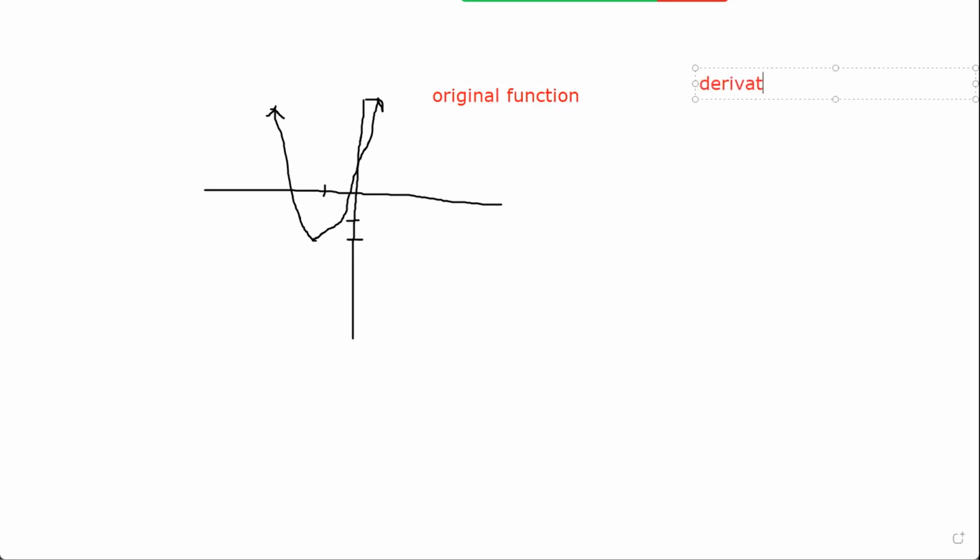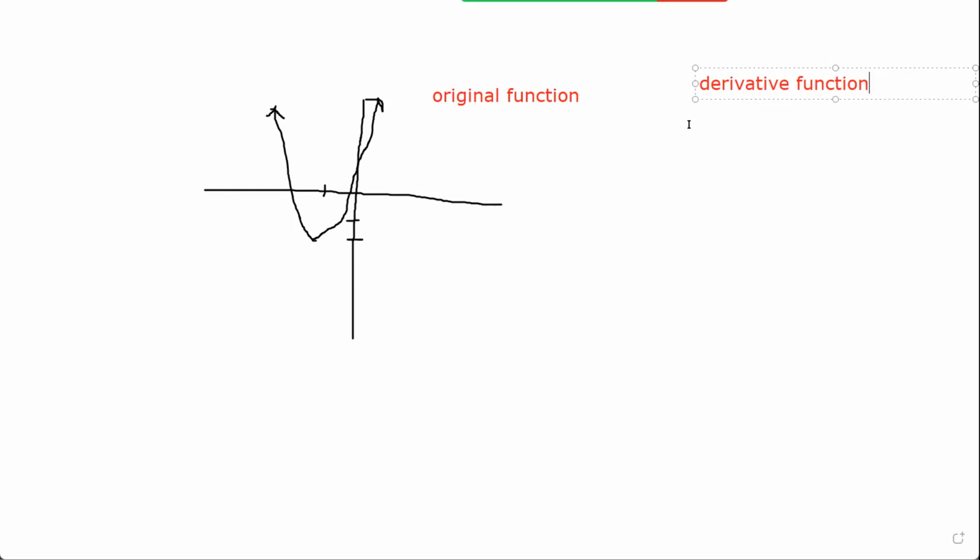Derivative function is over here. Now, the mystery is, how do you get the derivative function out of the original? Normally, we're used to moving it. We move it to the left, we move it to the right, we move it up and down, we shrink it, we reflect it, we do those things.